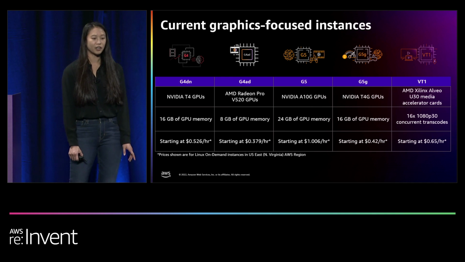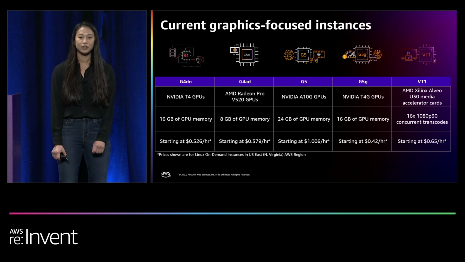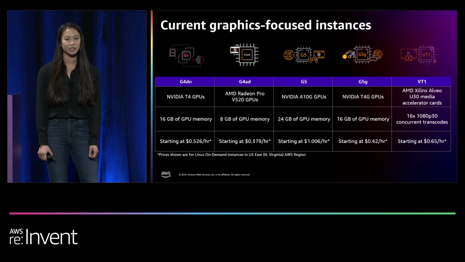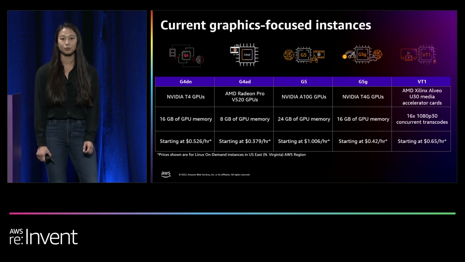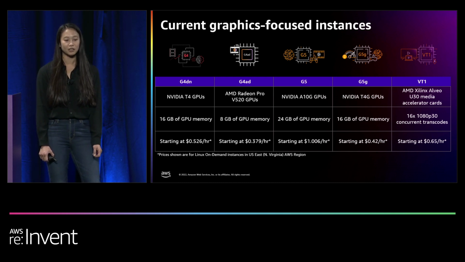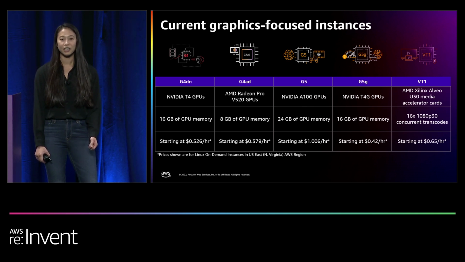And then lastly, within our NVIDIA GPU-based instances, we have the G5G instances. These were the very first GPU-based instance in any major cloud that came paired with ARM processors. They feature NVIDIA T4G GPUs, and they're paired with Graviton 2 processors. We launched these G5G GPU-based instances because we wanted our GPU customers to be able to take advantage of our relentless effort to develop our own processors, the Graviton processors, that push the envelope on price and performance.